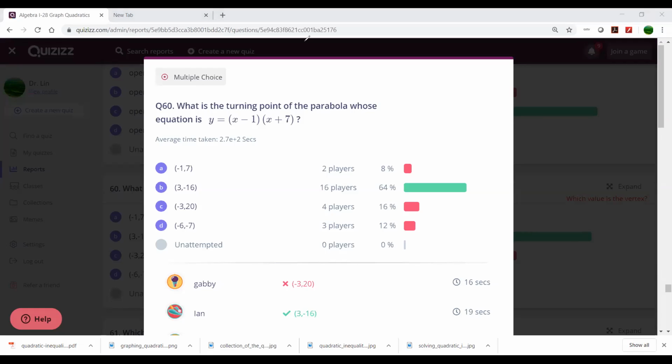I think this one is interesting because I will use it as an example for our next section. So what's the turning point? The turning point is the vertex, right? First method, we can transform this into a parabola using complete the square.